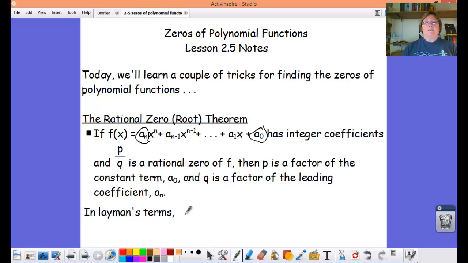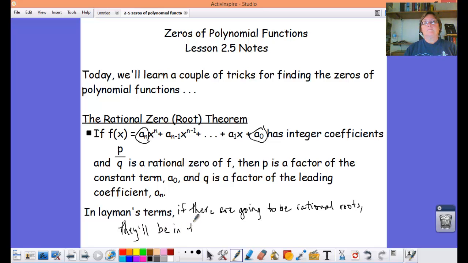So in layman's terms, if there are going to be rational roots, they'll be in the form of, and here it comes, factors of the constant divided by factors of the leading coefficient.